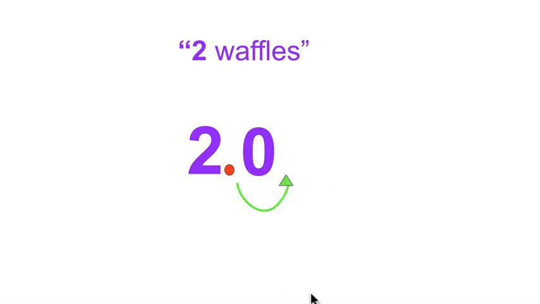So what's happening when you multiply 2 by 10 is you're taking that decimal point and you're moving it one place to the right. So 2 times 10 becomes 20. Let's look at another example.